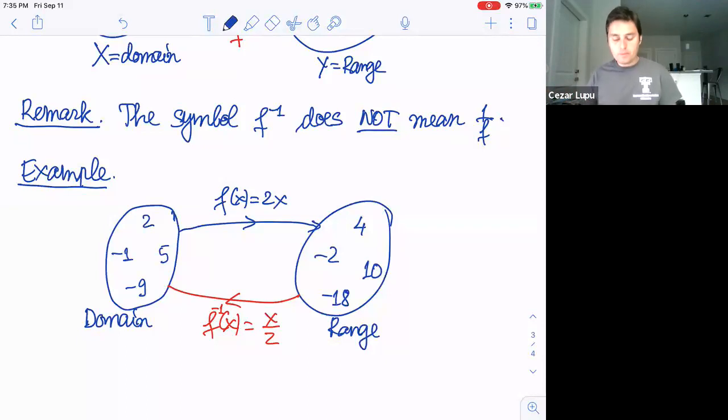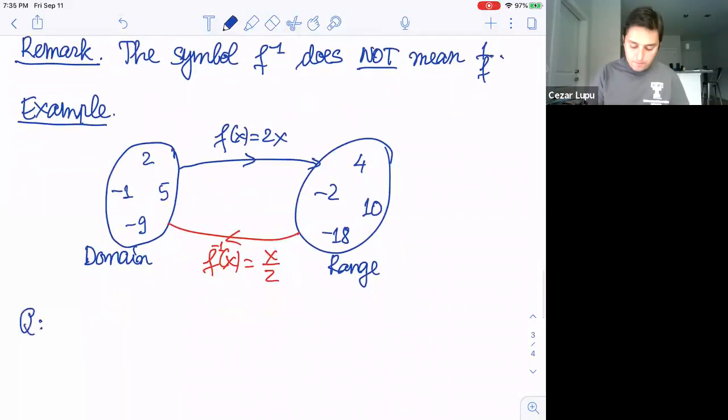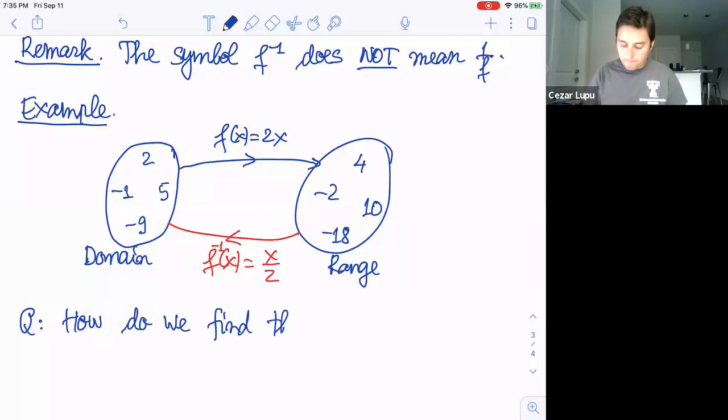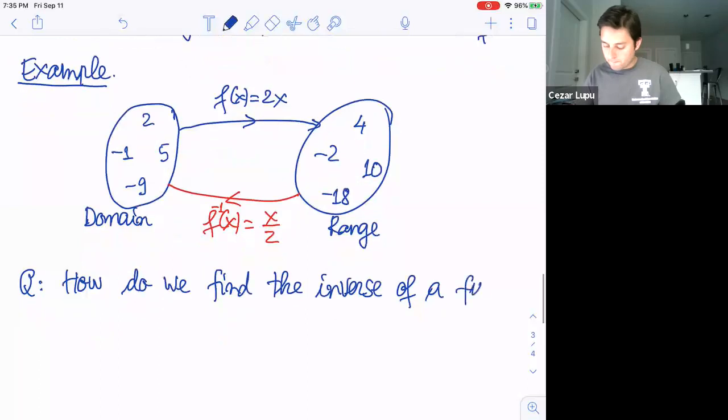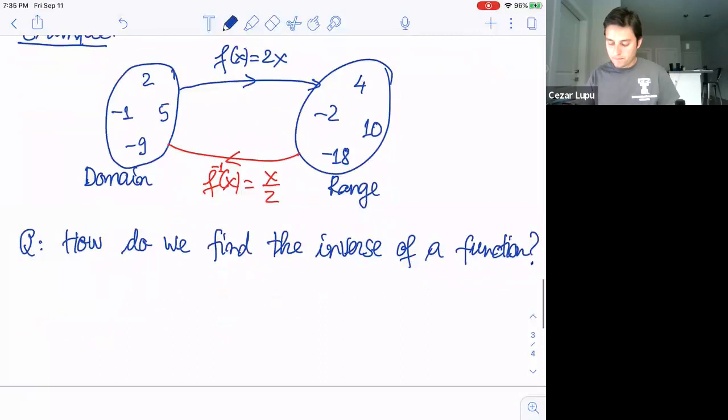Now, the question is, how do we find the inverse of a function? That is the question, so we would like to address that.